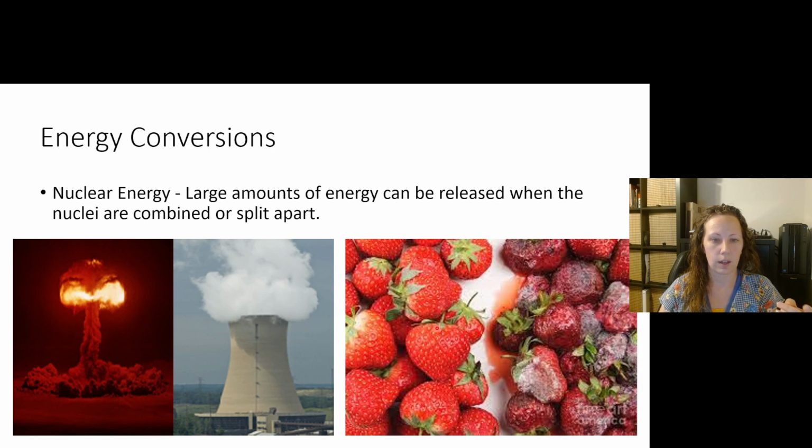So this example here is strawberries. On the left side, these strawberries have been irradiated, and on the right side, they have not.